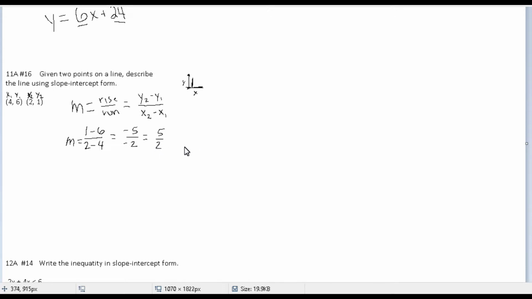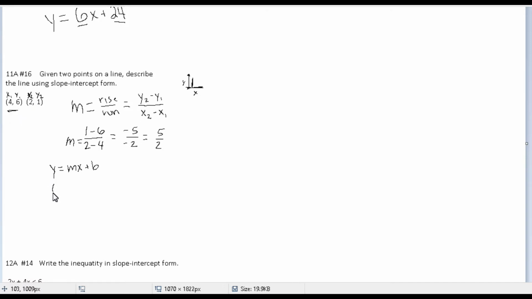Now we're going to use the slope-intercept form to figure out what our b is. Because we know our m, we just figured that out right here, but we don't know what b is. Now for our x and y, it doesn't matter if we plug in point 1 or point 2, but we just need to plug in the same point for the x and the y. So I'm going to choose this one right here.